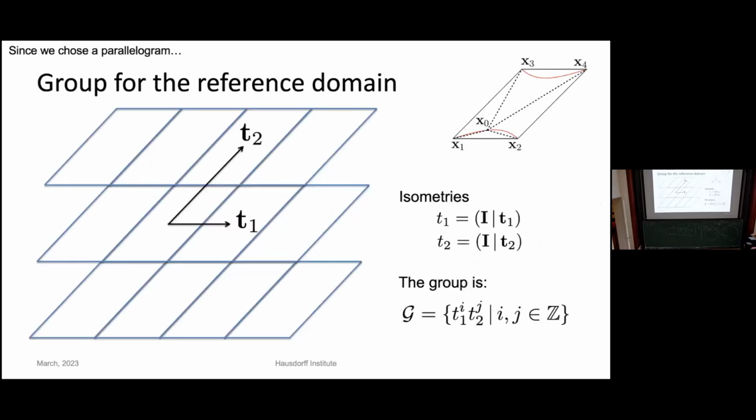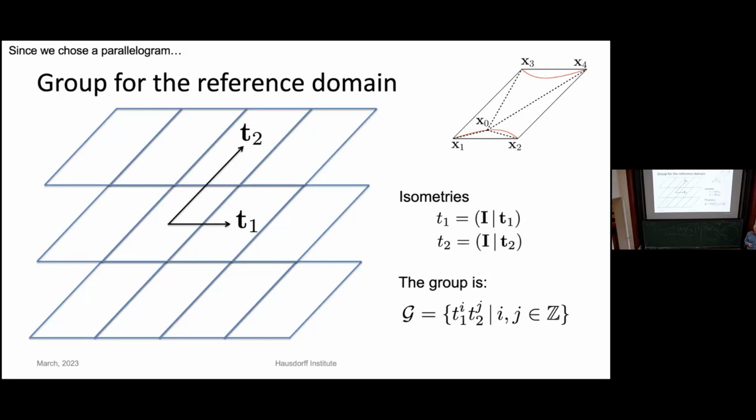That's called Kawasaki's condition. So we're going to have an isometry group for the reference domain, and we're going to have an isometry group for the folded structure, or partly folded structure.